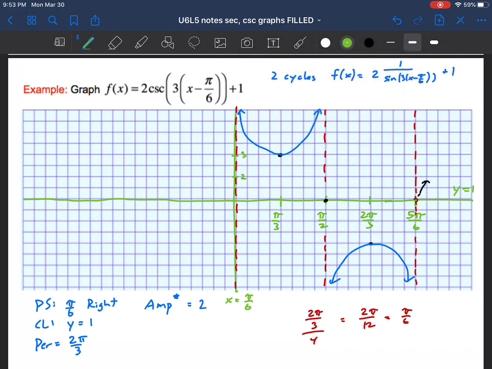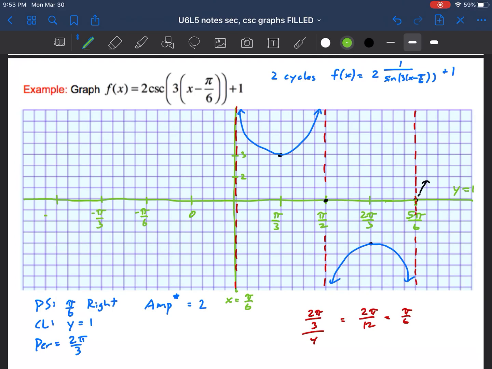So what I did, 4, right? 1, 2, 3, 4, 1, 2, 3, 4, by pi over 6. So this is 0 now. This is negative pi over 6. This is negative pi over 3.